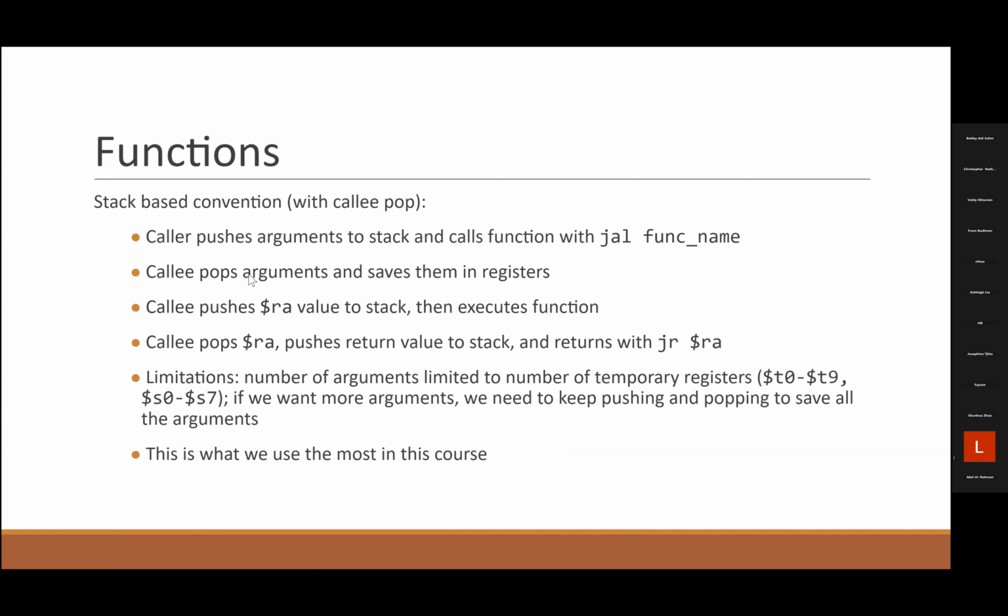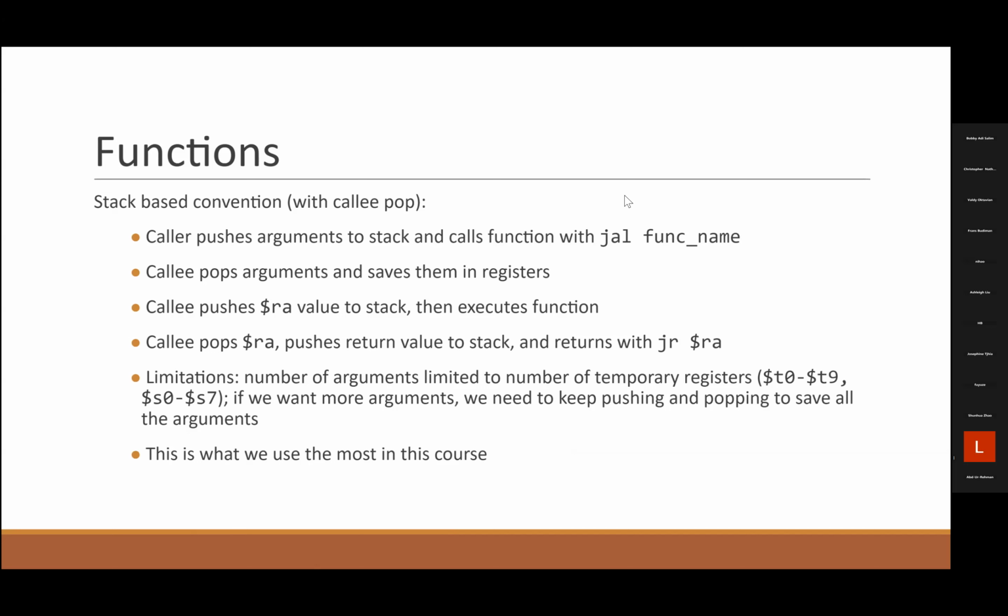So next we have stack-based convention with callee pop. So this is probably the convention that you are most familiar with, the one that you have used most. This convention is more flexible than the register-based convention because you can push as many arguments to the stack as you want. So when we're following this convention, the caller first must push the arguments to the stack, and then call the function with jal func name.